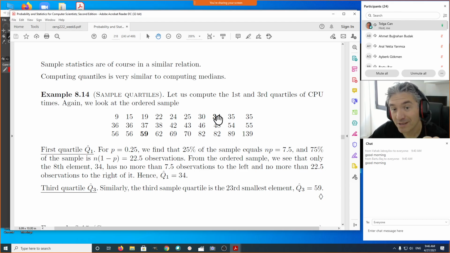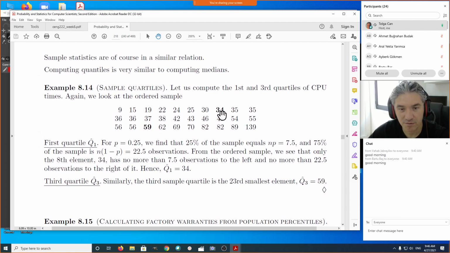The formal definition is the same for the median: there shouldn't be more than 50% of the elements to its left and more than 50% to its right. So 34 is the 25th percentile or the first quartile, and 59 becomes the third quartile.